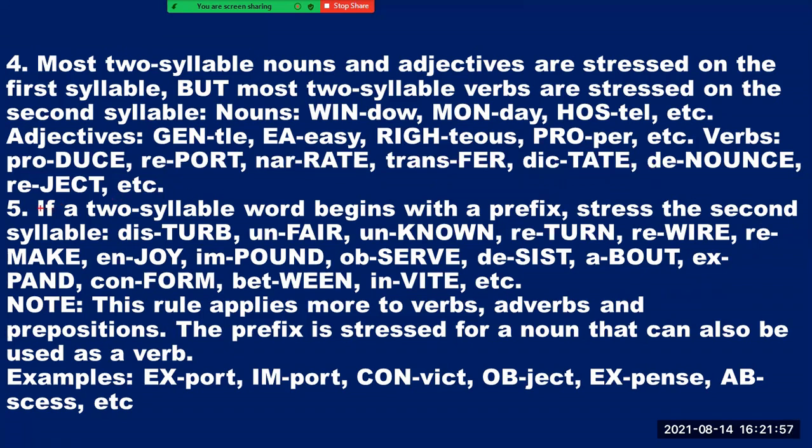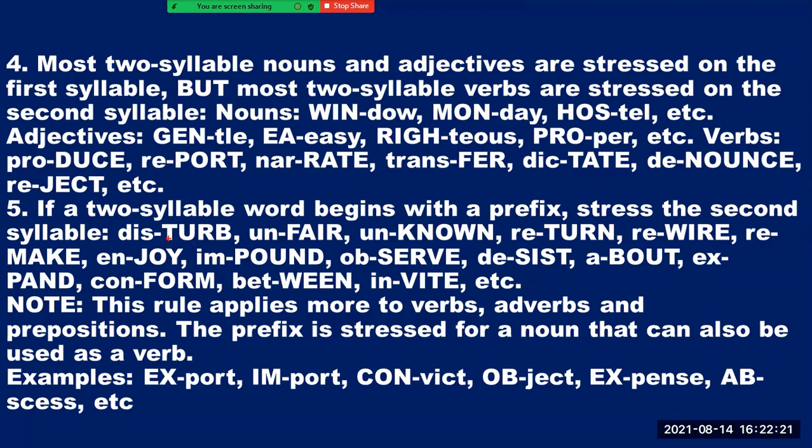All right. Now, rule number 5: if a two-syllable word begins with a prefix, stress the second syllable. And the rule here recognizes the fact that prefixes are almost always unstressed. So when you have a two-syllable word that begins with a prefix, you bypass the prefix and you stress the second syllable.